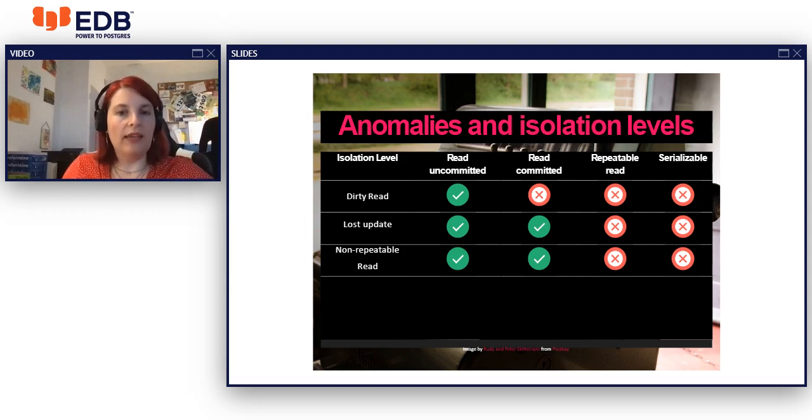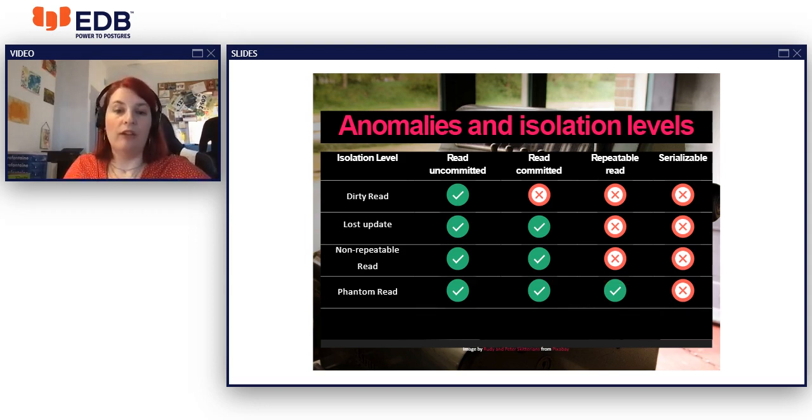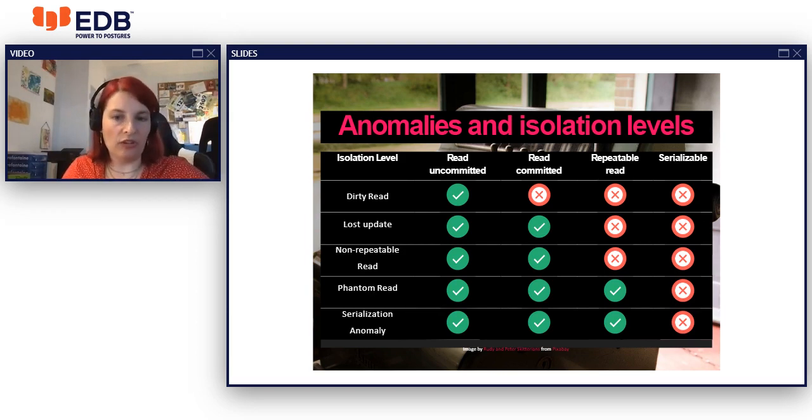Non-repeatable read can happen on read uncommitted and read committed. Phantom reads can happen on read uncommitted, read committed, and repeatable read level. And the serialization anomaly can happen on all levels except serializable, as with phantom read.